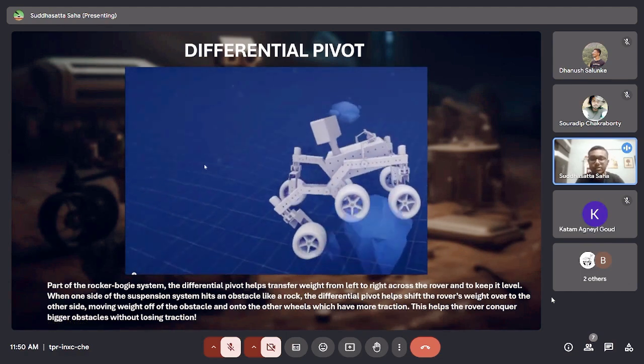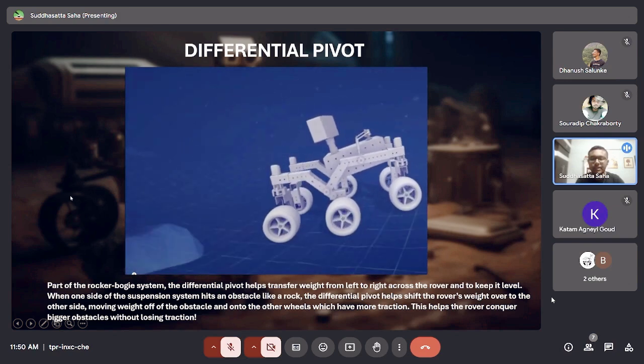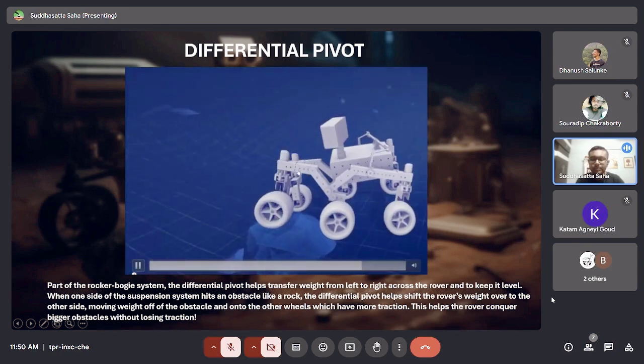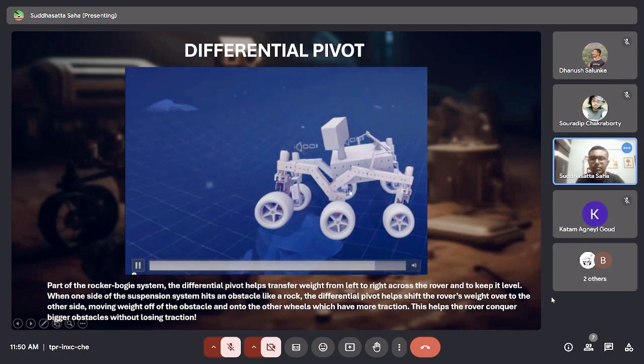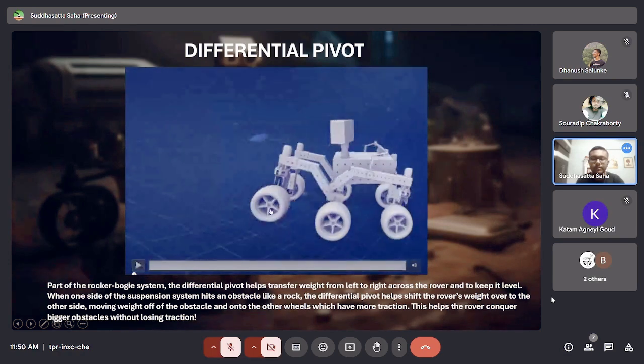That ensures more stable locomotion of the rover, and makes both the rocker bogie sides move in sync. Otherwise it would face a lot of difficulties and would probably topple. So to prevent toppling of the rover and to prevent loss in traction, this differential bar transfers the weight from the side facing the obstacle to the other side. That makes the rover a lot more stable.